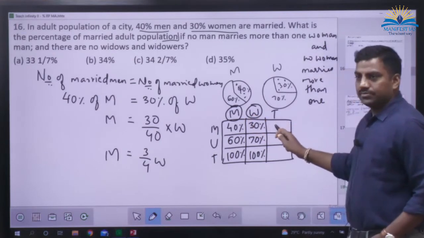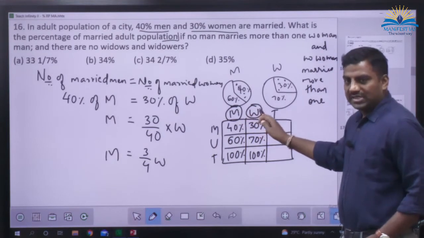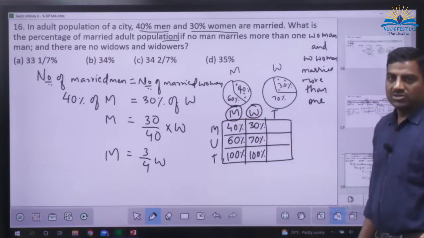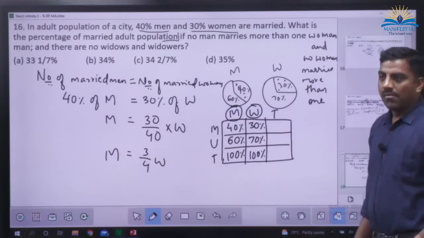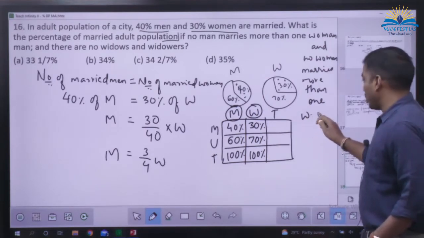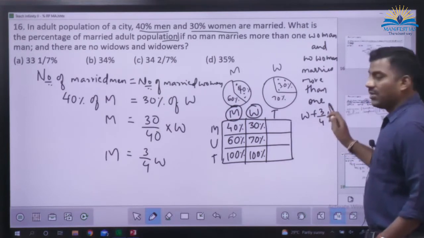W is W, M is 3 by 4W. What will be the total? M is 3 by 4W. This is W. 3 by 4W plus W. How much? 7 by 4W. You will not get the answer by staring at it, okay? 1 plus 3 by 4.